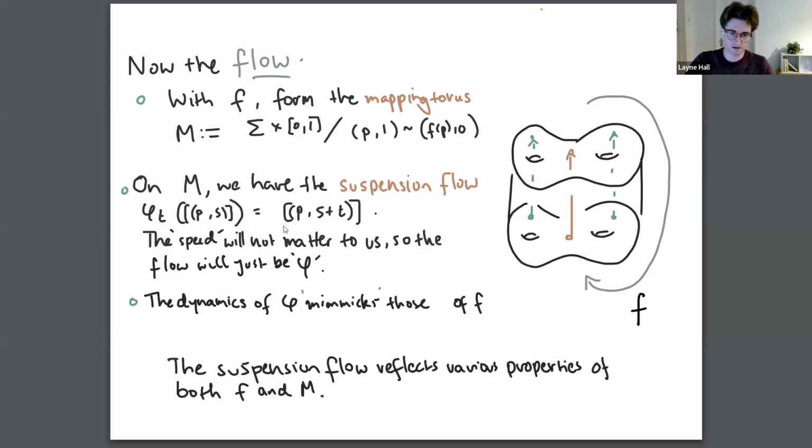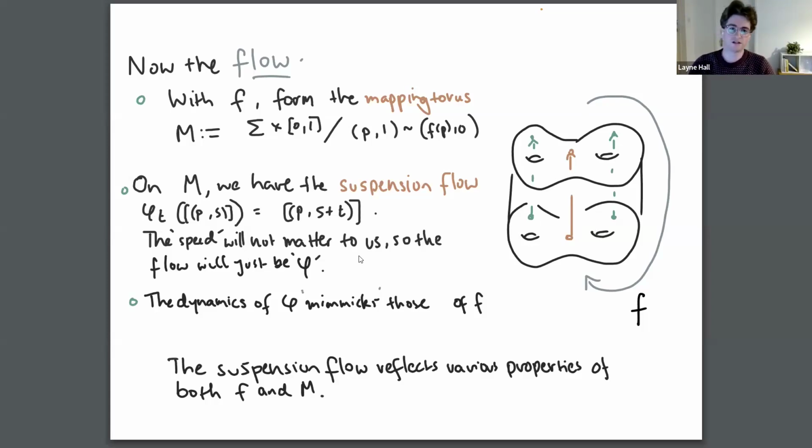So it's sort of written down more formally there. Within the confines of this talk, and in most things that I care about concerning these flows, the speed at which we walk upwards really will not matter, right? So I've called the flow phi of t here, but it's really just phi. It's like a one-dimensional foliation oriented uniformly in some direction.